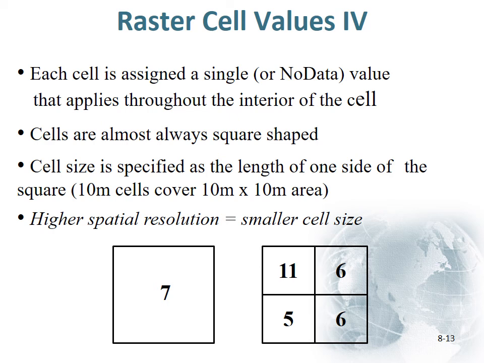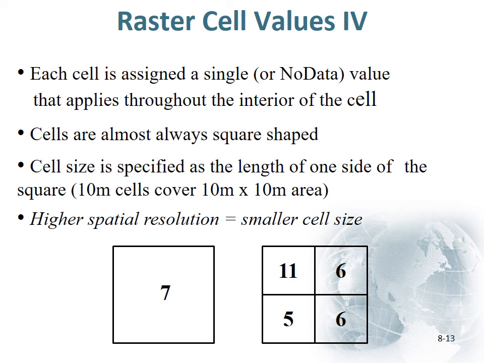And with remote sensing data these days coming from drones and rockets and other things, I'm talking about little rockets that the kids can fire up from the playground, we can get very high resolution data. From satellites, we are more limited because of the distance that they're away from the Earth's surface and the type of sensors that are on them. But lower spatial resolution means a larger cell size.